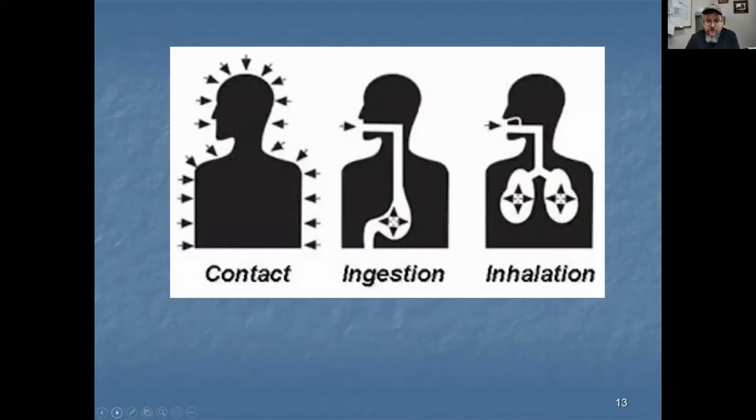Here's a little visual. Okay, so absorbed through skin or cuticles would be contact. Ingestion would be through the mouth into the digestive system, and inhalation would be breathed in through the mouth into the lungs.